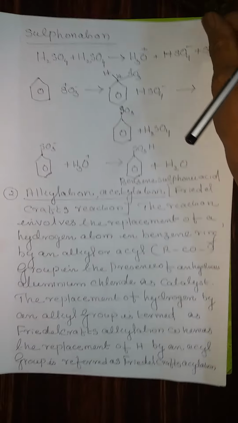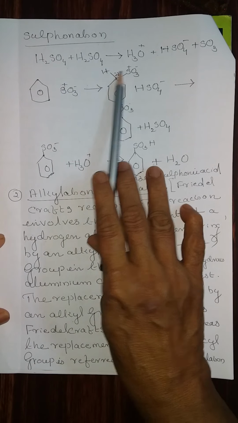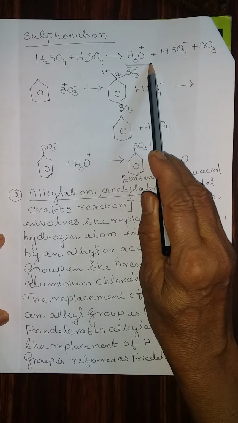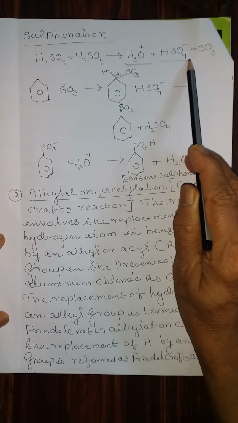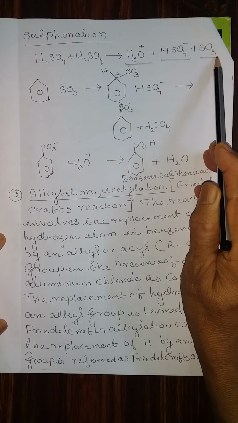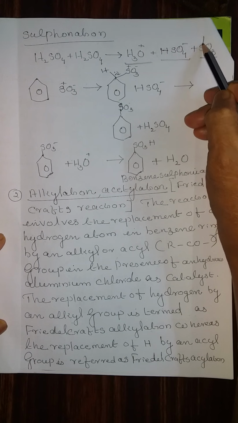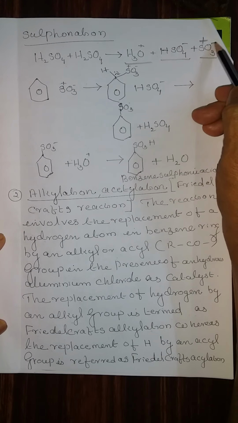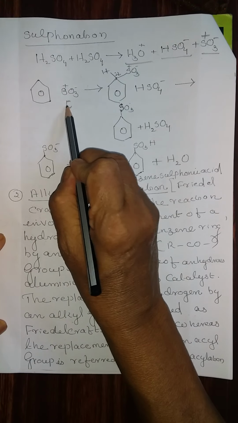Similarly, the sulfonation. For sulfonation, 2 molecules of sulfuric acid convert into H3O plus, HSO4 minus, and SO3. This SO3, actually it is S plus O3, acts as an electrophile.